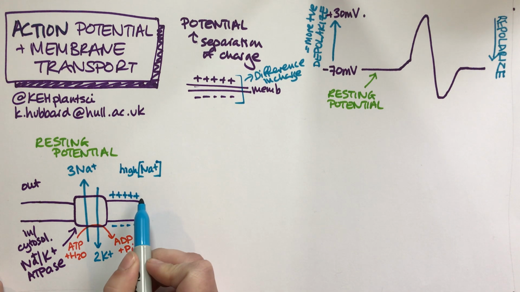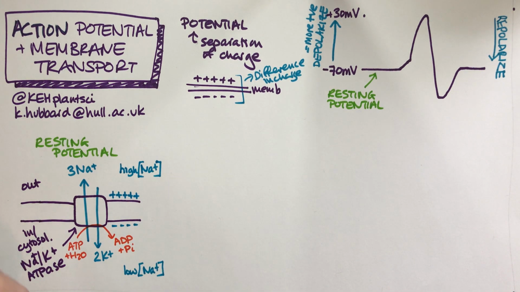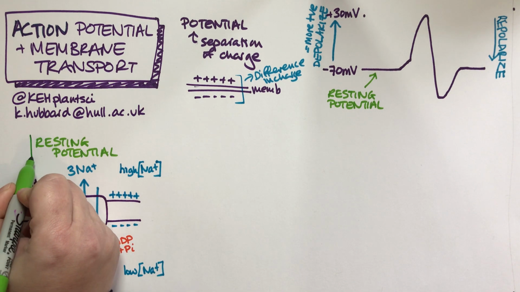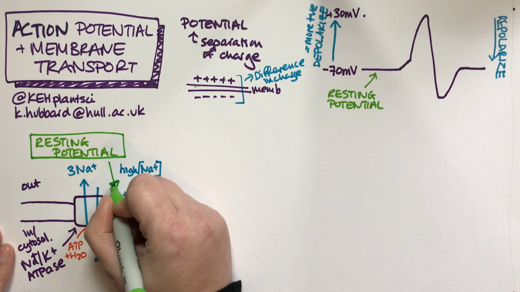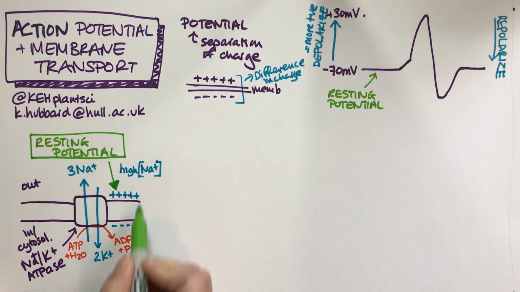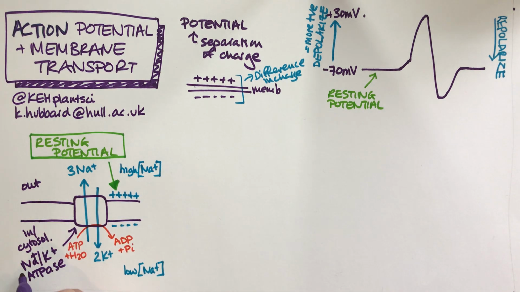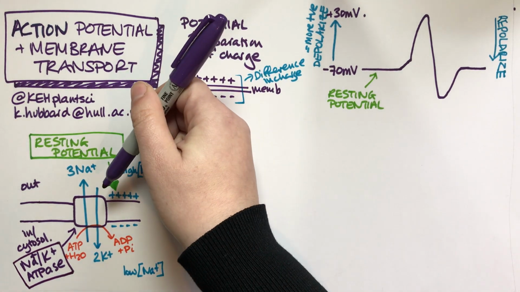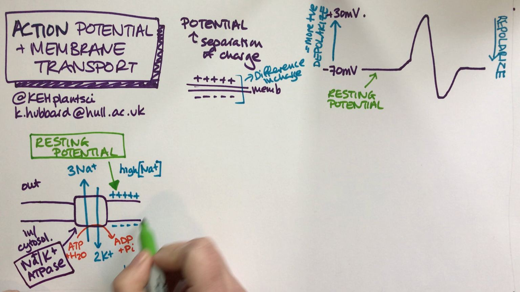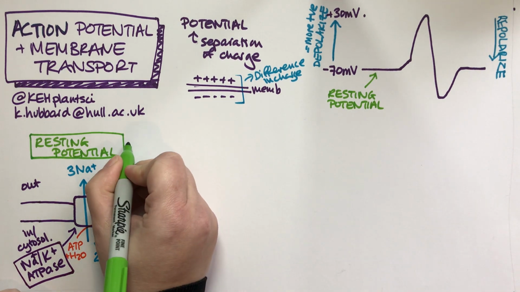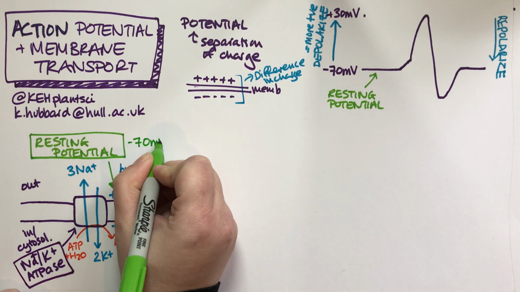So that difference across the membrane, that difference in voltage, is what we call the resting potential. That really refers to the charge separation there. Because the sodium potassium ATPase, that primary transporter, is pumping sodium out and only letting a smaller amount of potassium back in, we've got a resting potential across the membrane, and if we measure that in millivolts, it's about minus 70 millivolts.